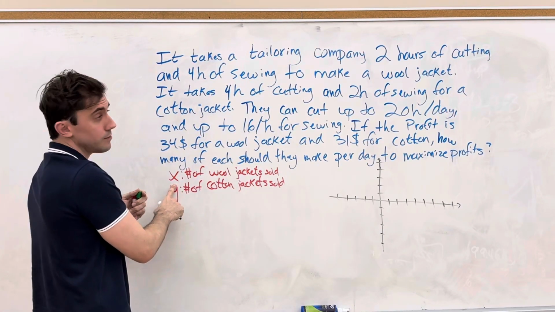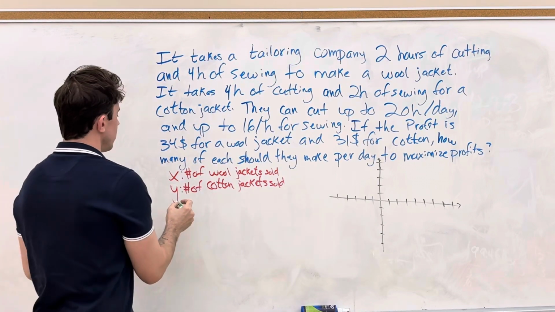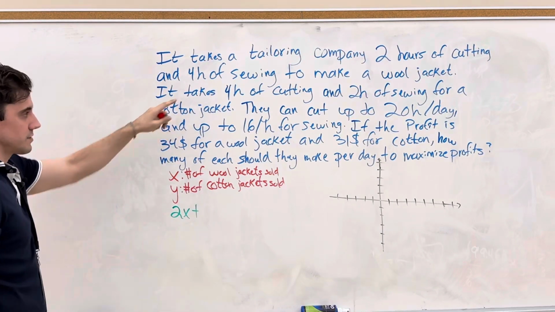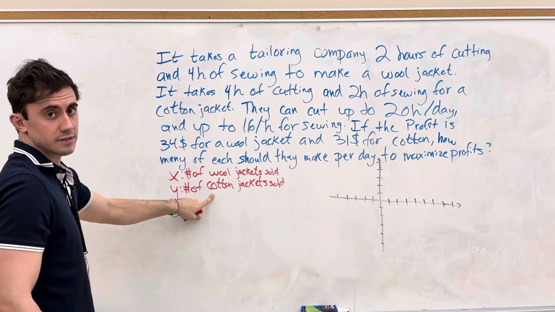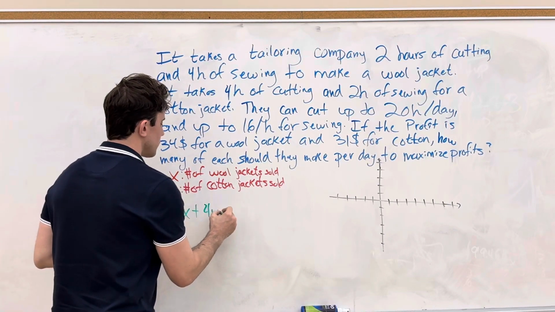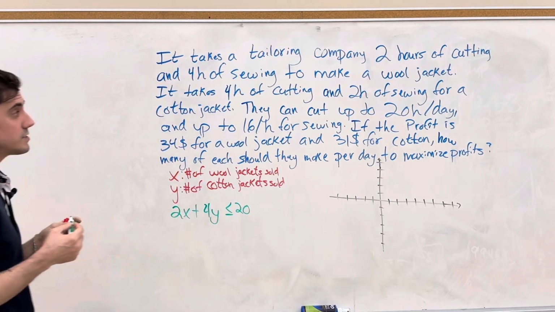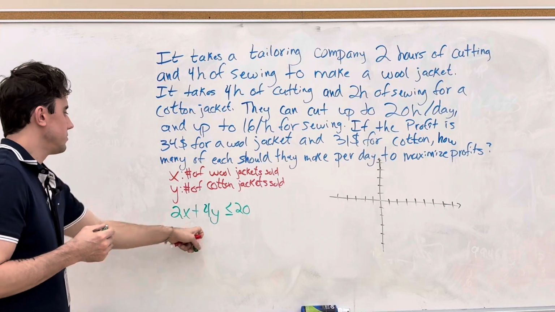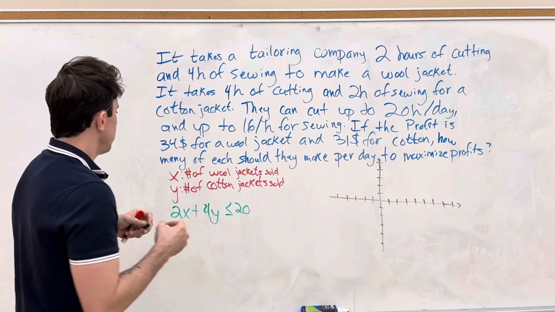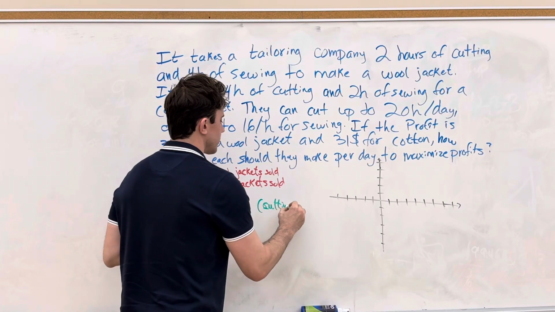That's our X variable, right? 2 hours for each wool jacket that is produced, so 2X, plus 4 hours of cutting for each cotton jacket that's produced. That means 4 hours for every Y, so plus 4Y can be no greater than 20. So 2X plus 4Y needs to be less than or equal to 20. I'll even make a note that this is from the cutting restriction.